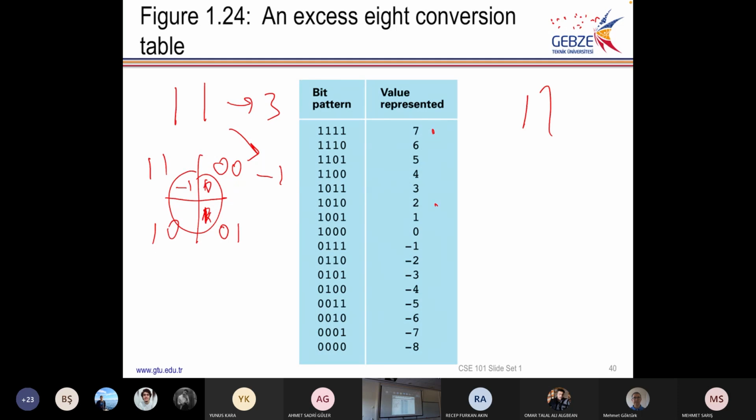This is minus 1. No, this is not minus 1. Yeah, this is minus 2. That's minus 2. 0, 1, minus 1, minus 2.